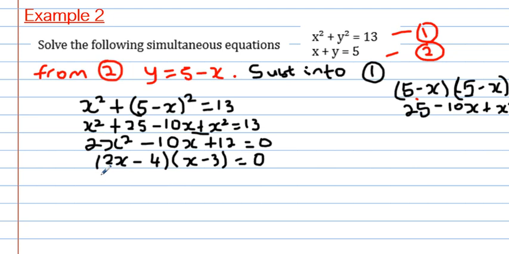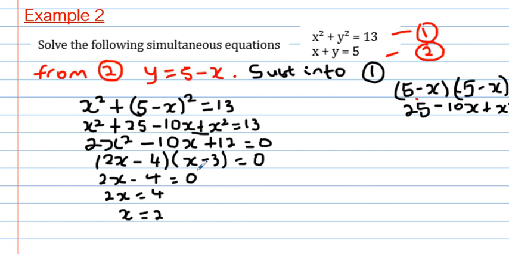So each bracket is equal to 0. So 2x minus 4 equals 0. 2x equals 4. So x will be 2 for this one.